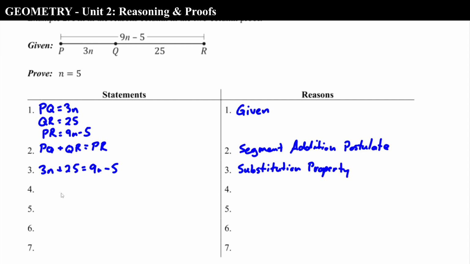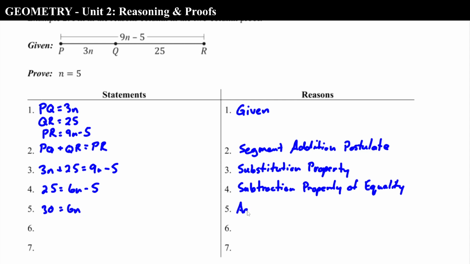Now from here, we're just doing an algebraic equation. So we're going to subtract 3n from each side. And doing so, we used the subtraction property of equality. And then we're going to add 5 to each side.